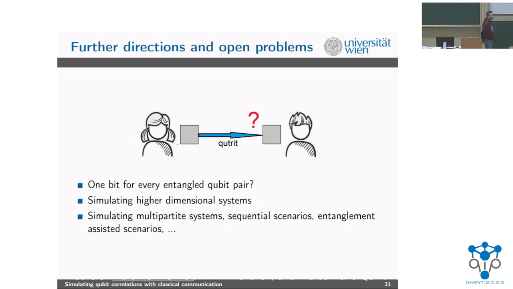Because in an EPR experiment, the whole point is to generate this shared randomness by means of an EPR pair. And now you're saying, if I already have this, then I can simulate it. And of course, you can simulate more, but isn't it a very heavy constraint that you already have this pre-shared randomness?